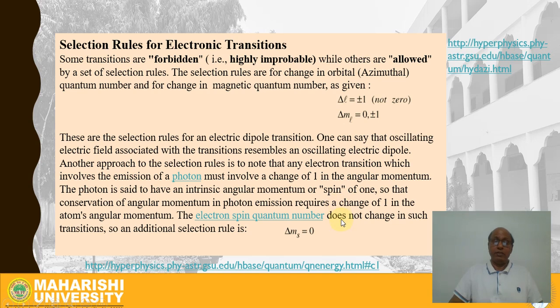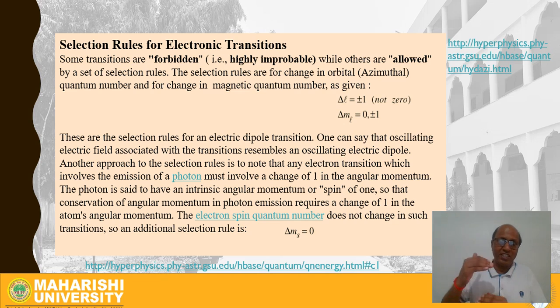Now the third selection rule is that the change in the spin quantum number should always be 0. You can understand, because in each orbital cell, if there are two electrons, one has a plus half spin and the other has a minus half spin.